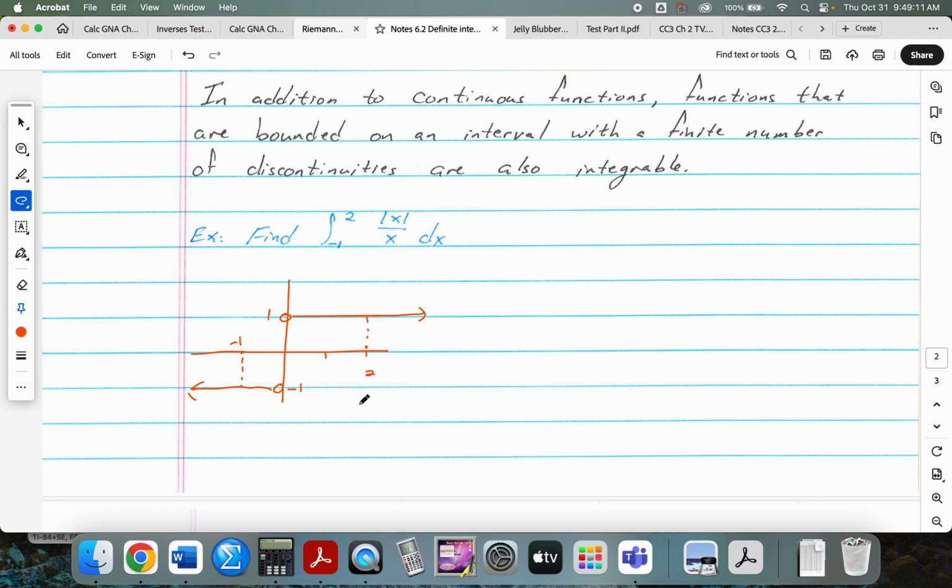There's just one discontinuity, right? There are functions with infinite discontinuities. You're like, how does that work? It gets complicated. But since it's finite here, all I got to do is go, okay, this is area below the curve, and it's 1, so that's -1. This area is above the curve, and it's 2, so this is equal to 1.